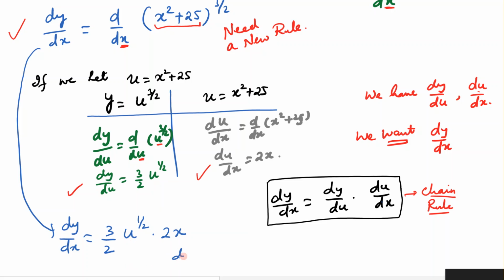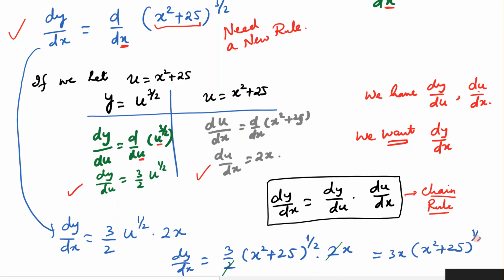We get dy over dx is equal to 3 over 2, and u was x squared plus 25, raised to power half, times 2x. We notice that 2 and 2 get cancelled. So in the end, we are left with 3x times (x squared plus 25) whole thing raised to power half. So that is our derivative of this given function.